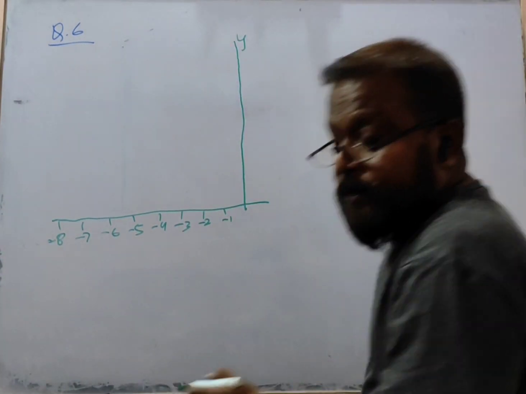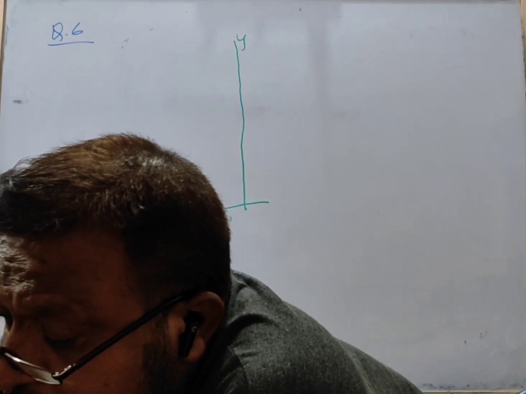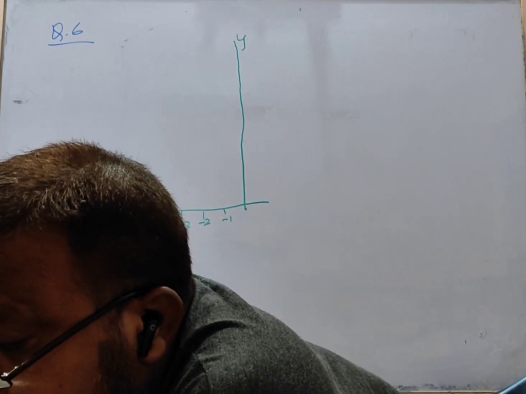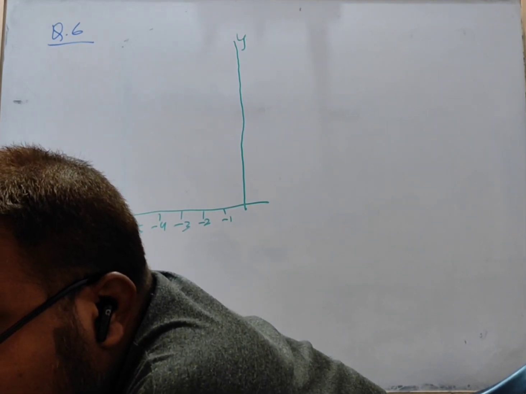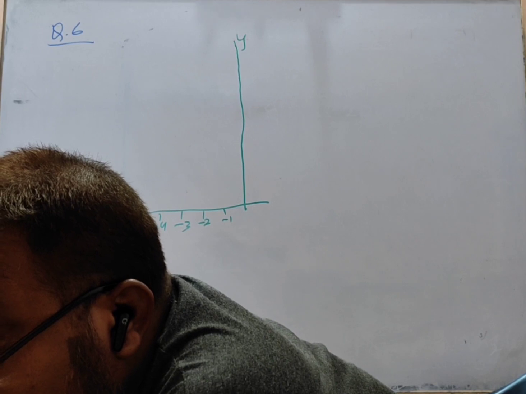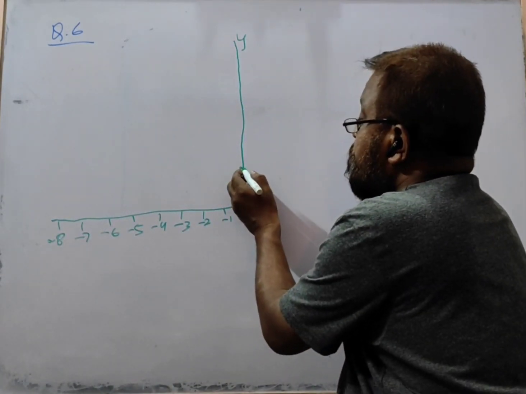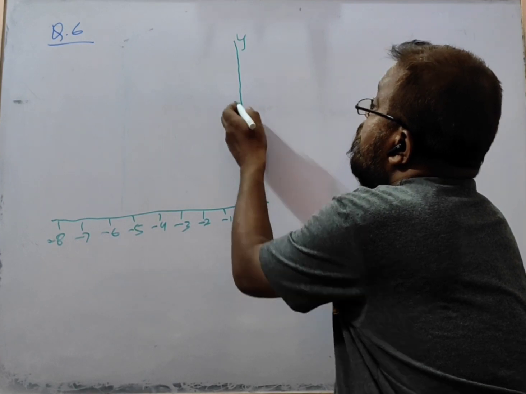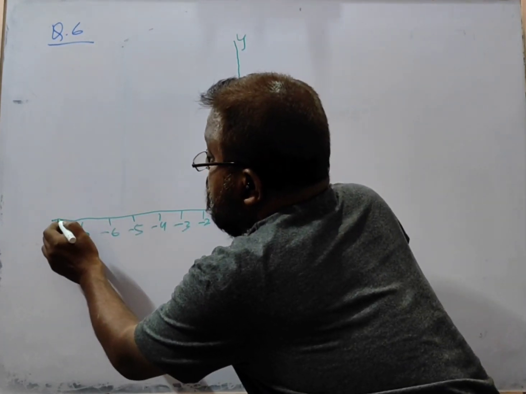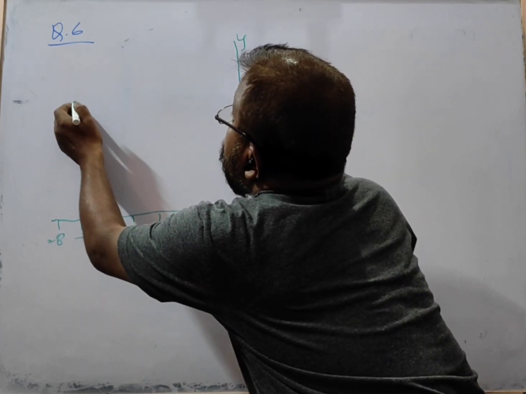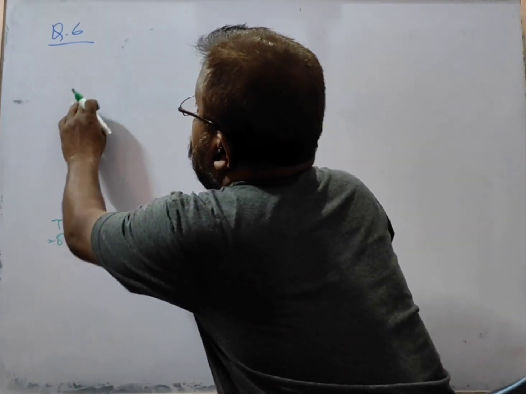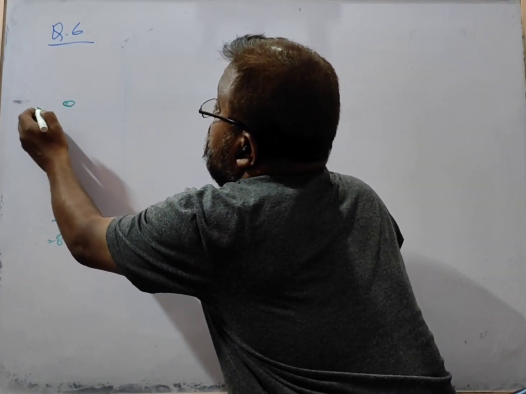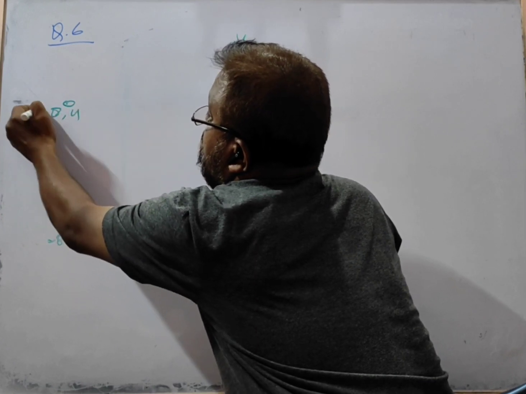And on the y-axis this is 1, this is 2, this is 3, this is 4. So the point is here, minus 8 comma 4.